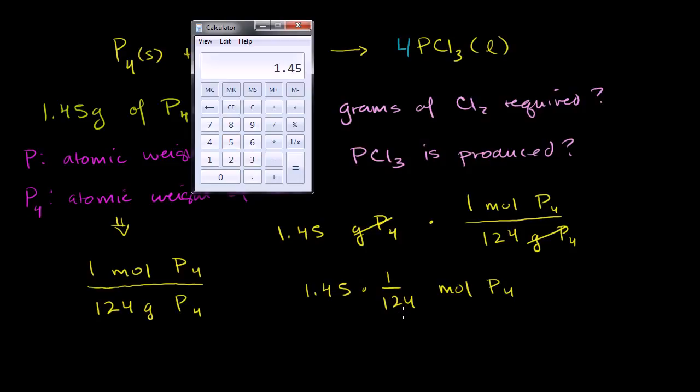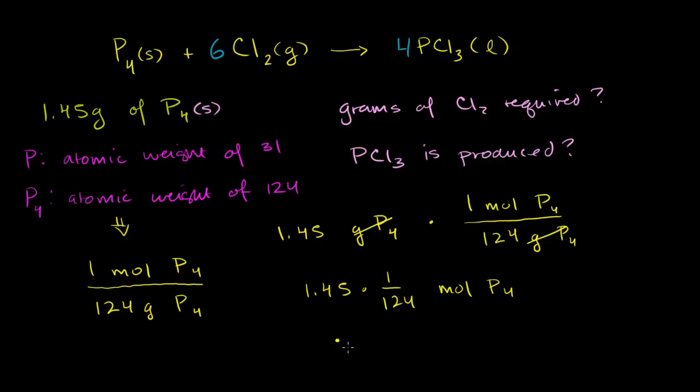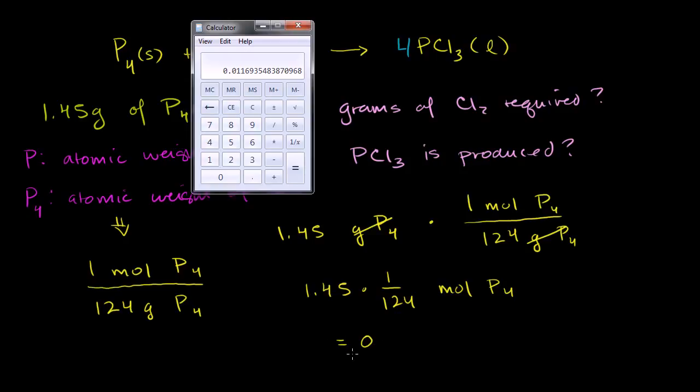That's the same thing as multiplying by 1 over 124. So divided by 124 is equal to 0.0117, let me make sure, 0.0117.